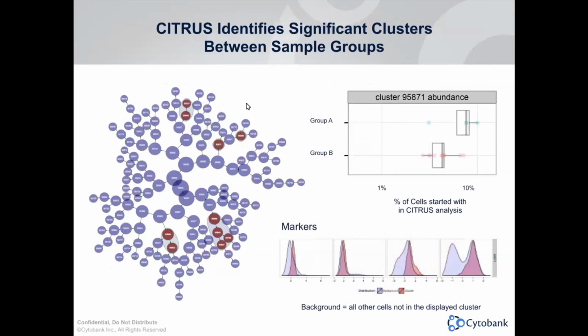Here's what a Citrus tree looks like. This Citrus tree starts with a central cluster that contains all events from all samples. Then it branches out with child and grandchild clusters, and each parent cluster contains the events of its children.